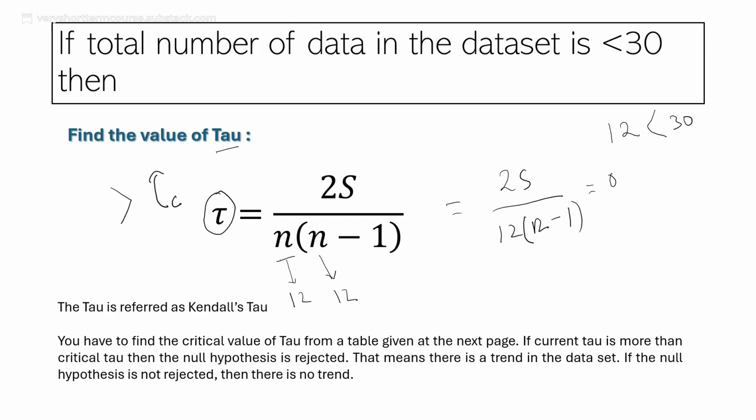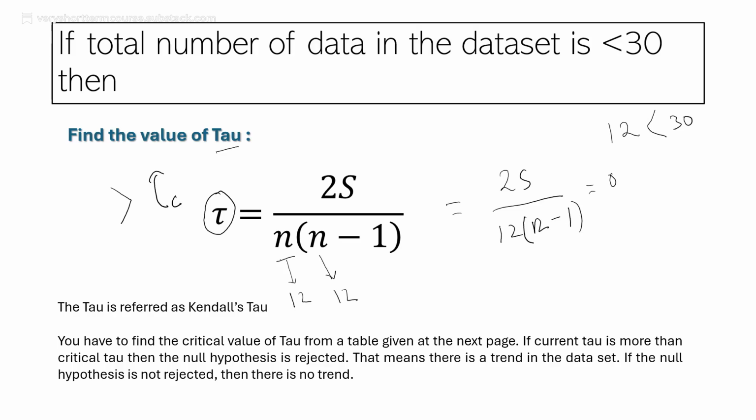And certainly, if the null hypothesis is not rejected, that means the critical tau is more than your tau or the current tau, then there is no trend. So you cannot develop a model with that data set. So this tau approach will be for a data set which has less than 30 data points.